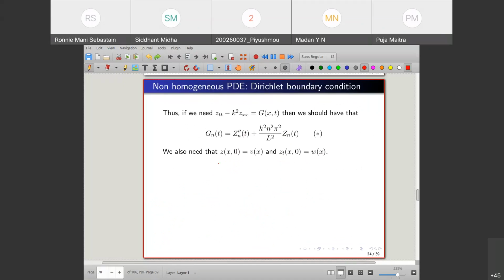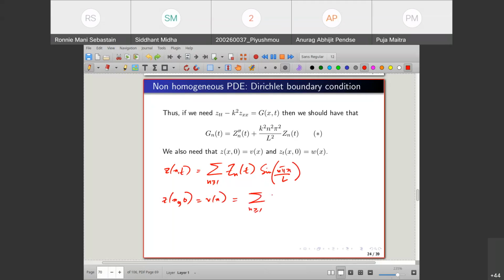So this thing z(x, t) is equal to the summation n greater than or equal to 1 of Z_n(t) sine(n pi x / L). And so z(x, 0), which is equal to v(x), is going to be equal to the summation n greater than or equal to 1 of Z_n(0) sine(n pi x / L).